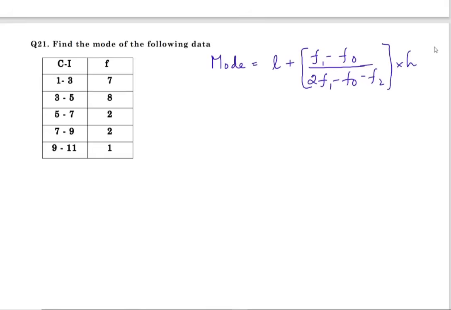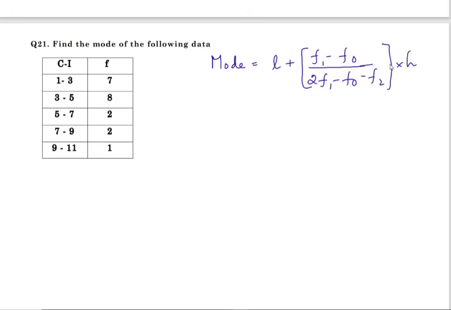Mode equals L plus, it is a binomial term: one term is L, another term is (F1 minus F0) divided by (2F1 minus F0 minus F2) into H. Don't get confused, it is not L plus F1, it is L plus the bracket of F1 minus F0 divided by 2F1 minus F0 minus F2, into H.